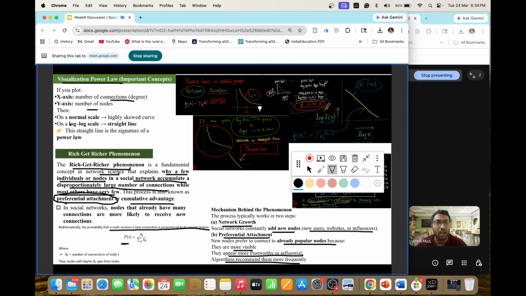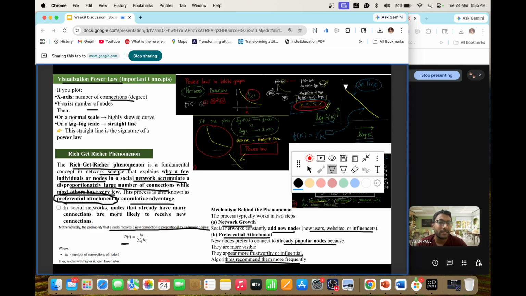This is the curve of the power law, where we can write it as a function of k equal to 1 by k square or k cube, whatever. The power is usually between 2 and 3. This curve is not linear, but if we take the log on both sides, that is log f(k), it will be minus 2 log of k, so that follows y equals minus mx.